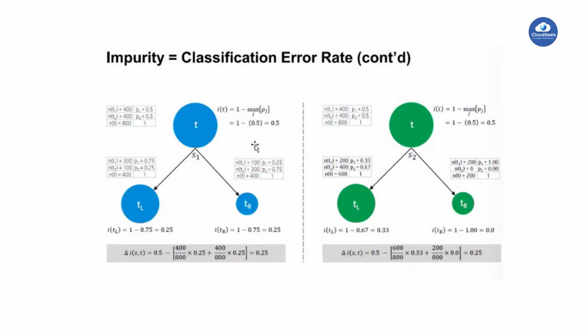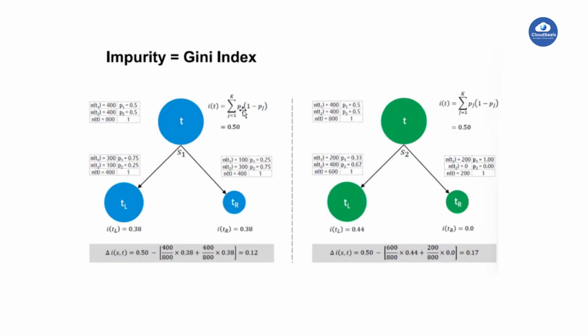Okay. This is how we are checking impurity based on the classification rate. Go for the Gini index. Here what is the formula? Sigma of probability times (1 minus probability). Here we calculate 0.5, 0.5. By substituting these values into this formula, we get 0.5 as the final value.